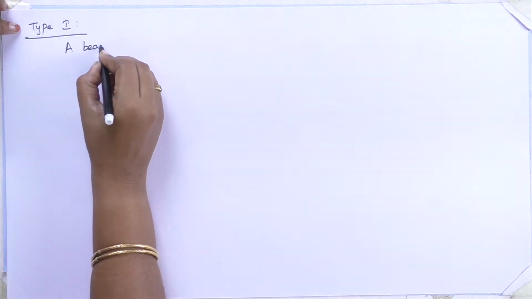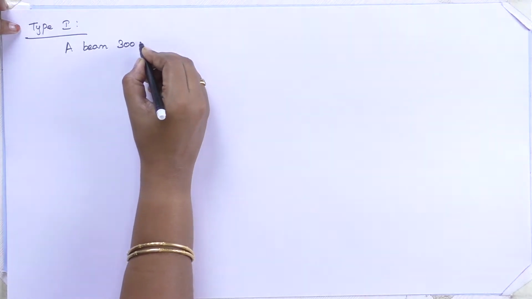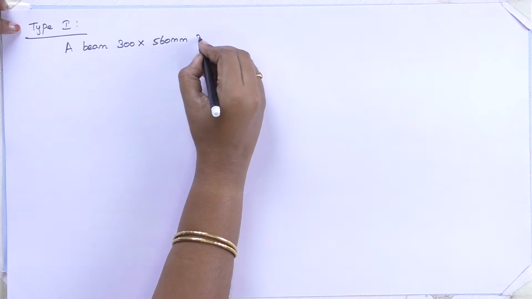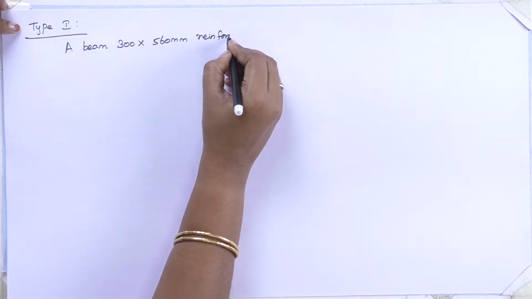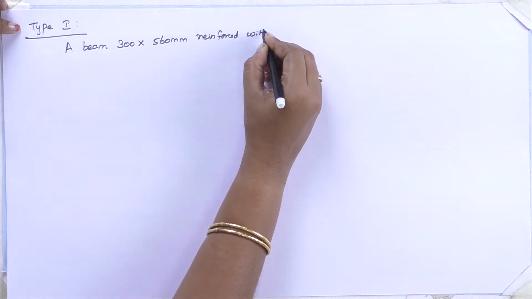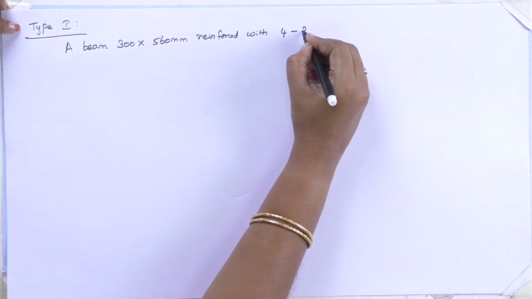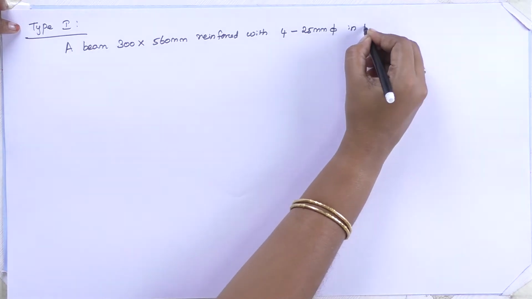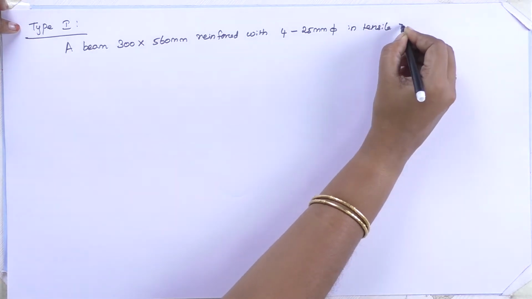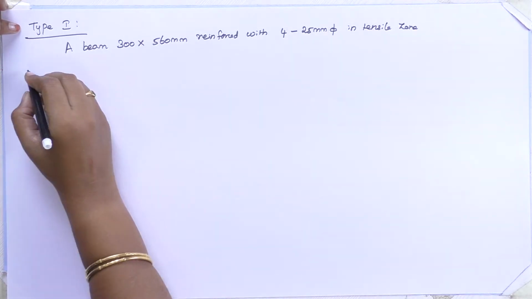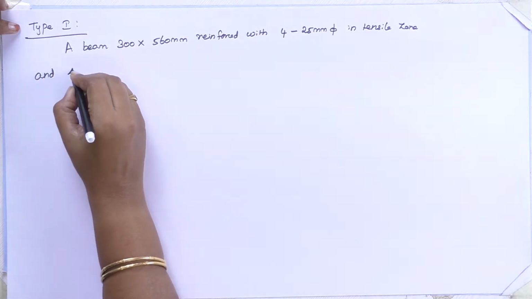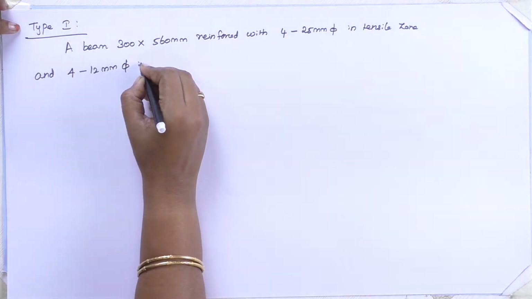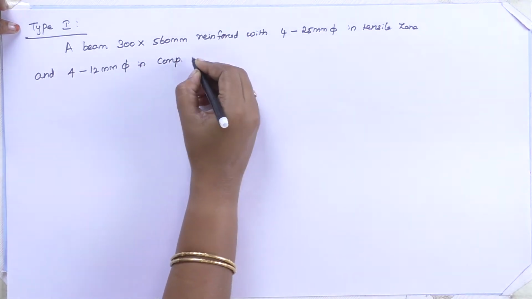A beam 300 by 560 mm is reinforced with 4 bars of 25 mm dia in tensile zone and 4 bars of 12 mm dia in compression zone.